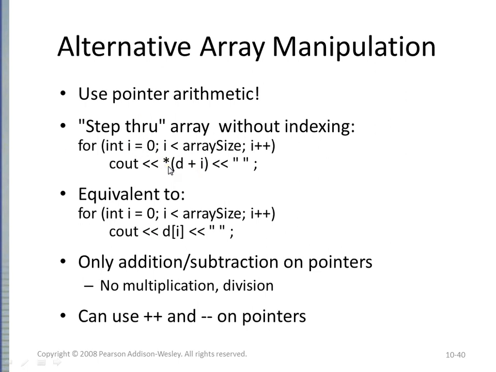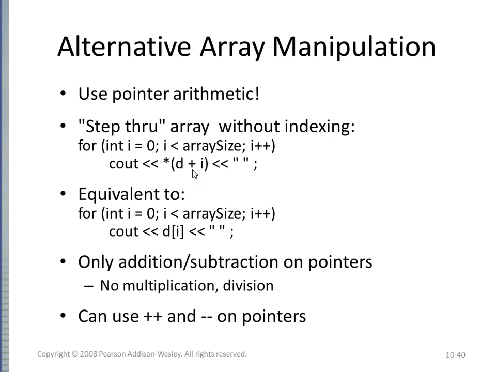Now we agreed that the star means dereference, right? Okay. Now the first value of I is 0. So we are dereferencing D plus 0. D plus 0 holds the address of the first element, right? Now in the second loop iteration, we are dereferencing D plus 1, which is the second item inside the array, and then D plus 2, which is the third item inside the array, and so forth.